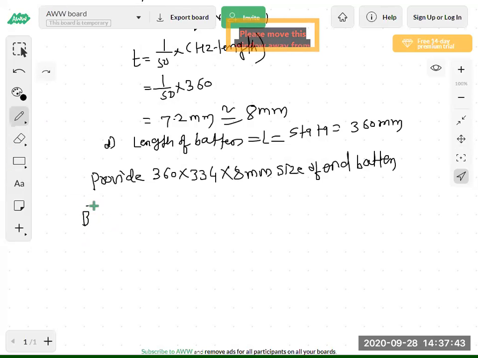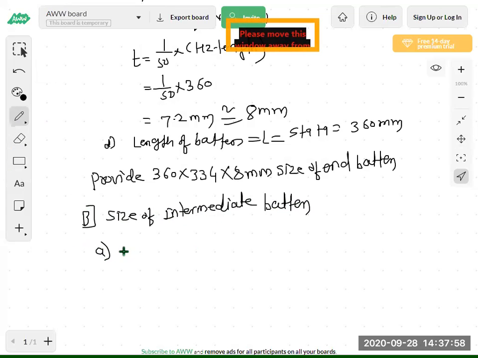Okay, then capital B, size of intermediate batten. So in that again we have to calculate first the effective depth of intermediate batten.